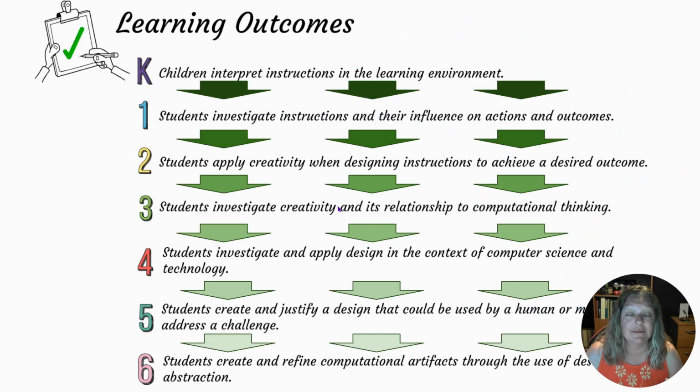Our learning outcomes then underneath that organizing idea, this is where we see the difference between the different grades and how those learning outcomes start at the kindergarten level and then build upon each other up towards grade six. And of course, as a grade two teacher, you do need to be concerned, particularly in the first couple of years that you're doing this, with filling some gaps potentially that your students have from not having had the previous curriculum.